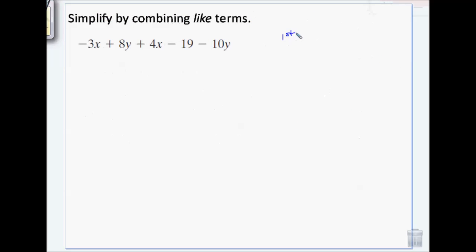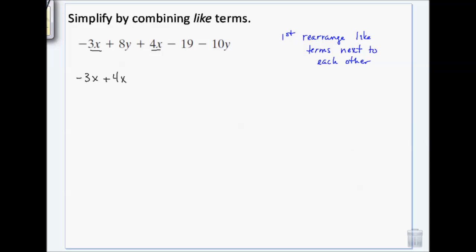If you want, you can rearrange them. You don't have to do this, but some people find it's useful. Okay, so 3x and 4x, those are the same. So you can put them next to each other.